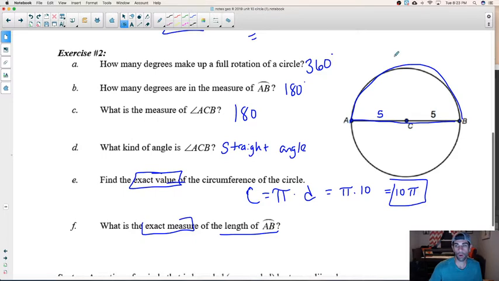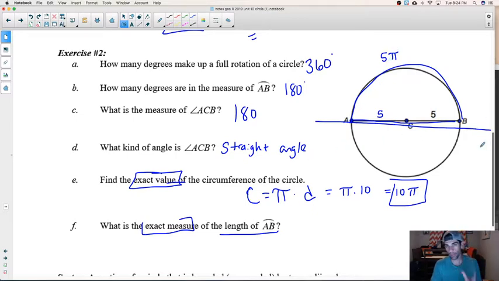Well, the arc is going to be 5 pi. Well, where am I getting 5 pi from? Well, if the circumference of the entire circle is 10 pi, then half of that would be 5 pi.